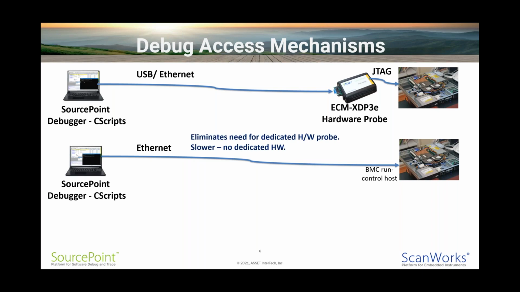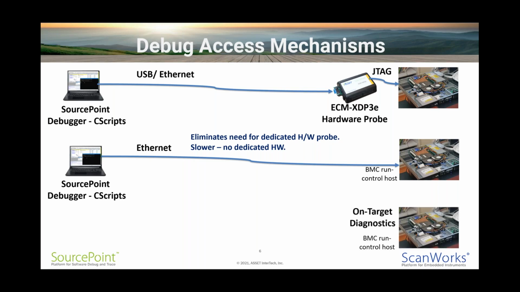Now you can still run the CScripts, but you've cut out the requirement for that hardware probe, which is of tremendous benefit because we all know sometimes there are physical access constraints. If you're walking up to a server in a rack, you may not have physical access to the XDP interface down on that server target. So you could run maybe one at a time, perhaps, or a couple at a time, CScripts on some servers simultaneously.